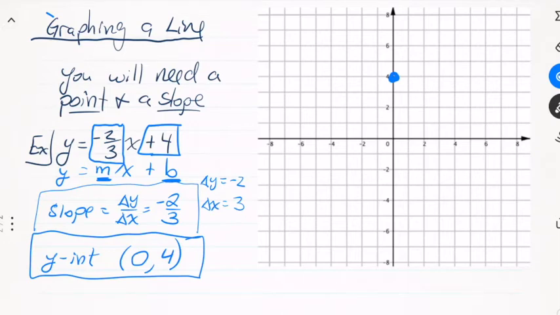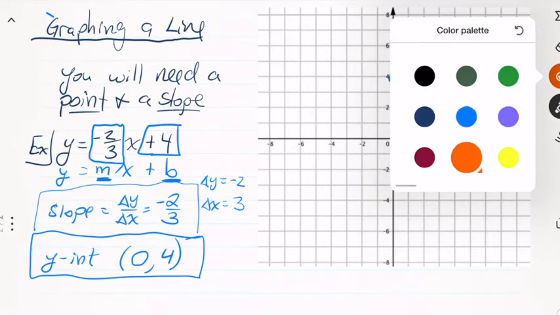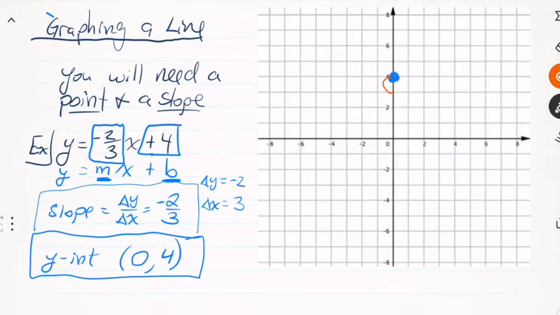So that means from the point I just plotted, I need to go down 2 and right 3. Down 2 because it's negative 2, and right 3 because it's a positive 3, and we can plot a point.